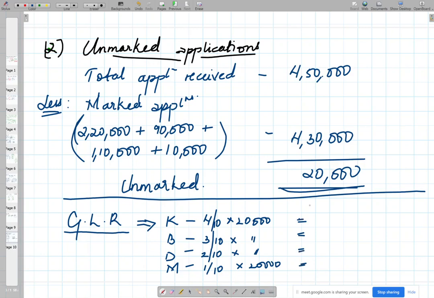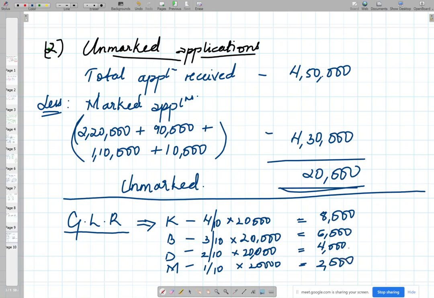Let's see. In the first case, 8,000. In case of K, 8,000. In case of B, 3 by 10 multiplied by 20,000. Don't get confused here. It might look like 11 to you later. Okay, this is 20,000. Okay, and all of this, take the ratio. 8,000, 6,000, 4,000 and 2,000.